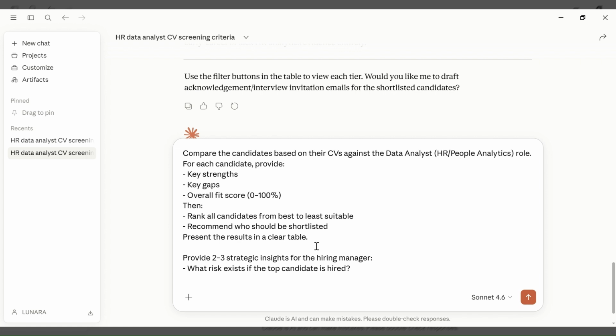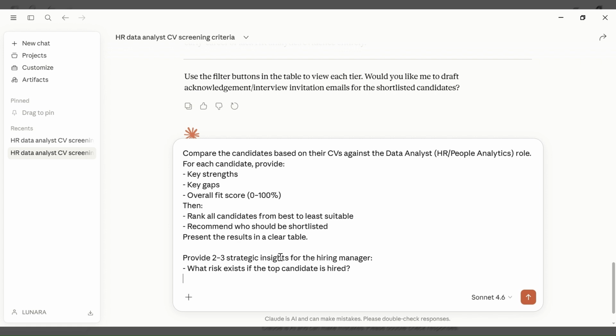This helps you to structure your hiring process by making sure that all the candidates that you are considering for an interview, you have them in a structured form.